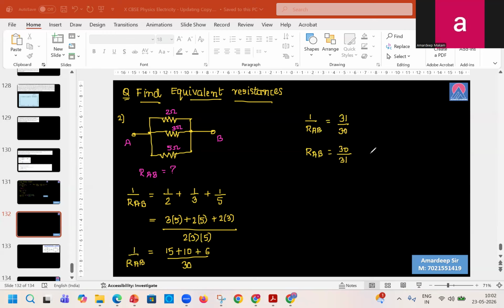Almost like 0.9995 or 0.98, something like that. You can keep this in fraction only, 30 upon 31 ohm. And what I always suggest, always put it in a block and put an underline, at least a double underline to show that's the answer. Is it okay?